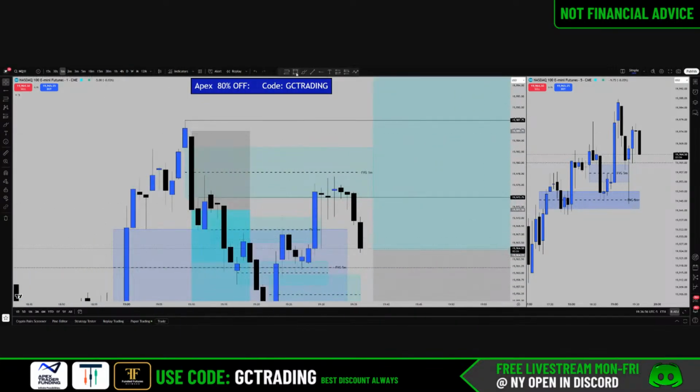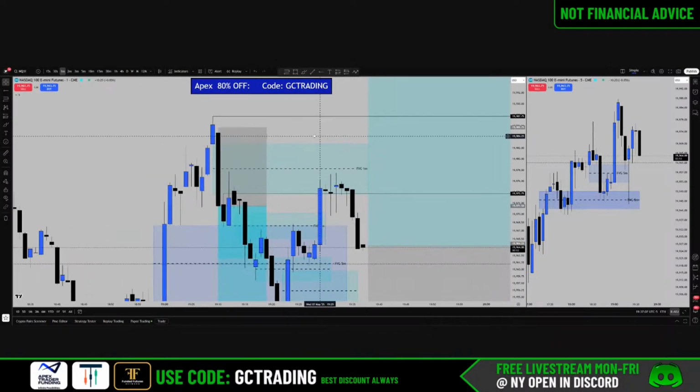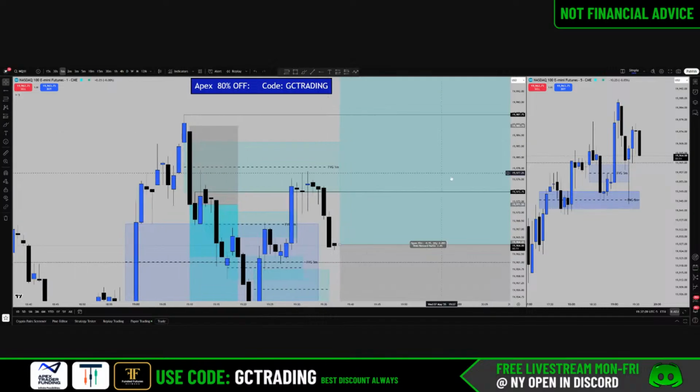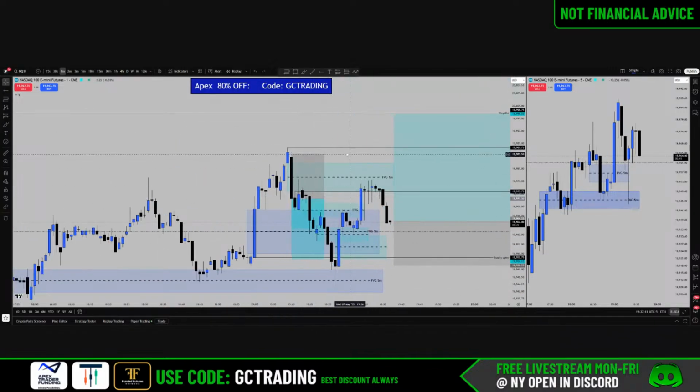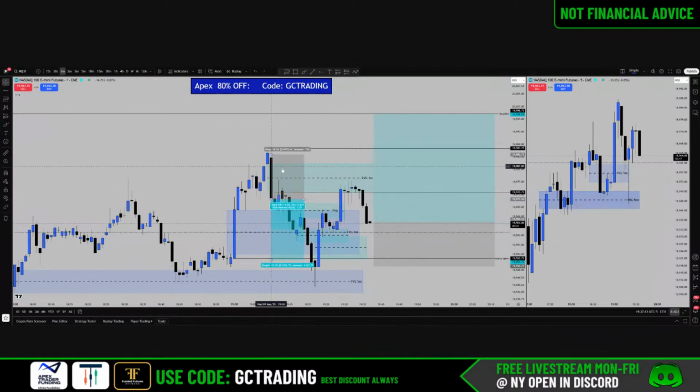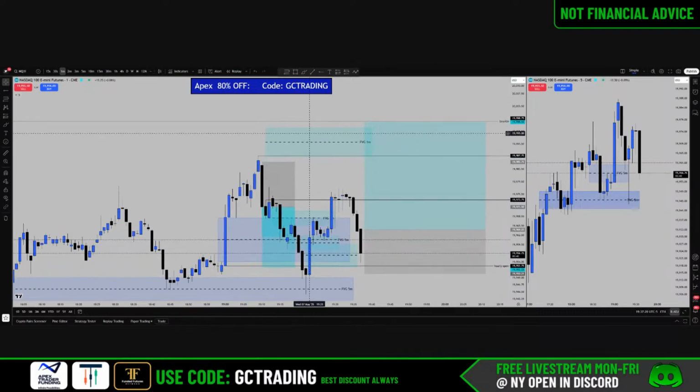Let's see how many points that is. That's a point and a half from where our entry was. Obviously we're not going to go break even there. But if this gap was up here a little bit more, we inverse this gap. So if this thing was up here, that's where I would go break even, just wherever that next gap or area is. In this case, it was right there.